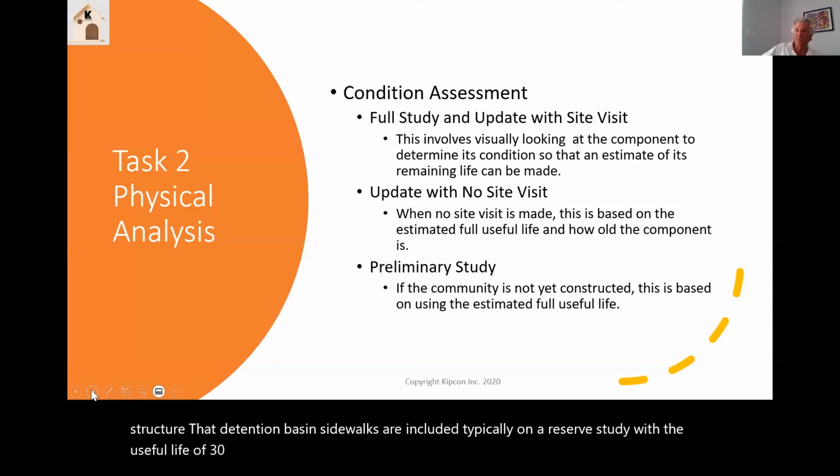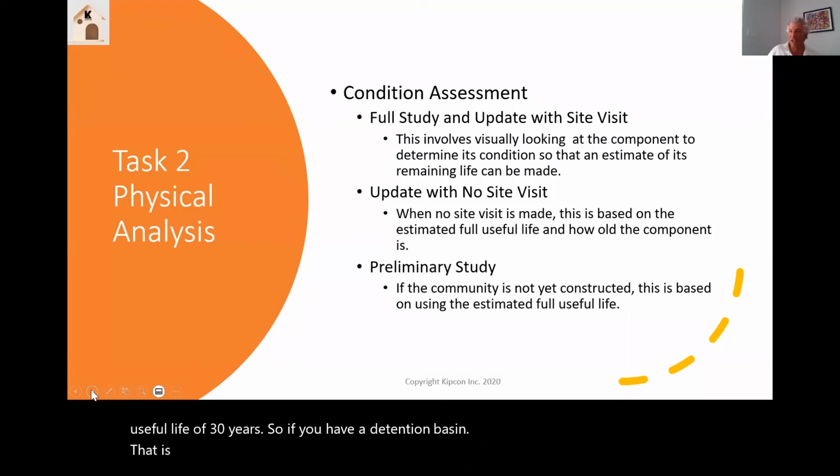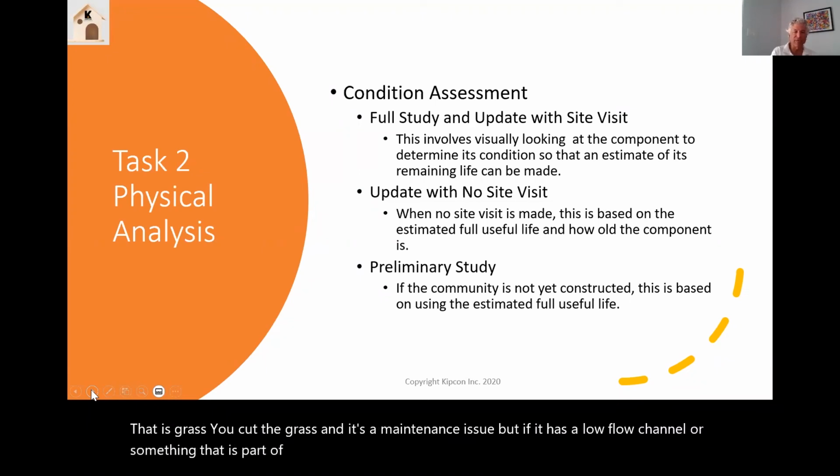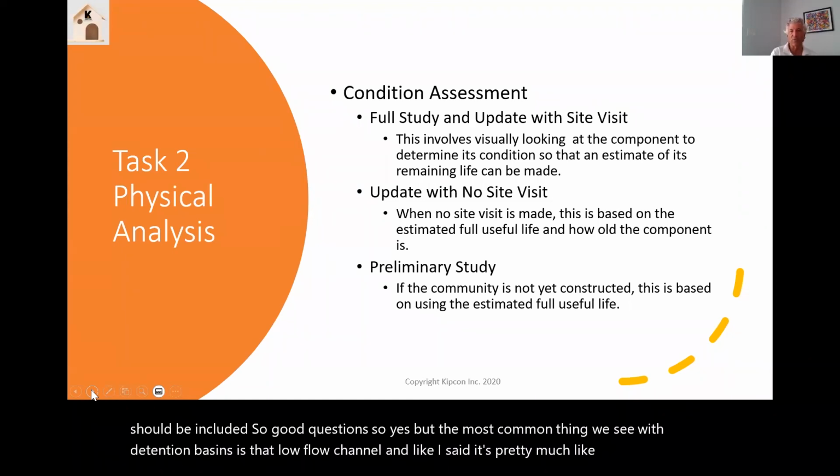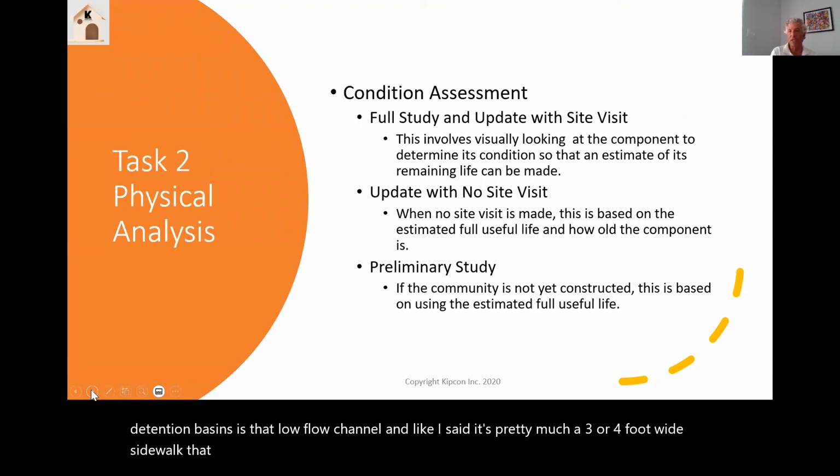So if you have a detention basin that is grass, you cut the grass and it's a maintenance issue, but if it has a low flow channel or something that is part of that detention basin that has a useful life of 30 years or less, it should be included. It's a good question. So yes, but the most common thing we see with detention basins is that low flow channel. And like I said, it's pretty much like a 3 or 4 foot wide sidewalk that runs from one end to the other. So that would generally be included, yes.